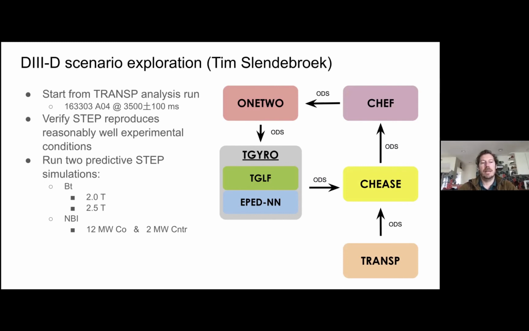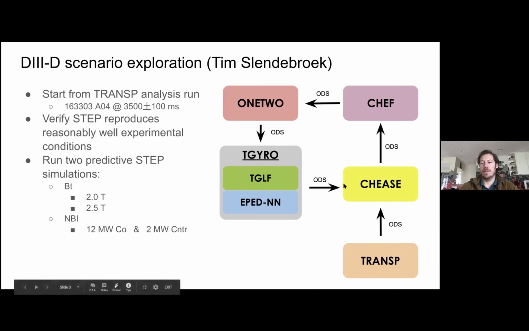This is important to verify that STEP can reproduce the experimental conditions reasonably well. And then he's going to make some exploration off of the experimental conditions, running 2 simulations at different magnetic fields, one at 2 and one at 2.5 Teslas. And instead of using just 2 megawatts of power, which is the experimental setup, he's going to increase the neutral beam power to 12 megawatts co and 2 megawatts counter.